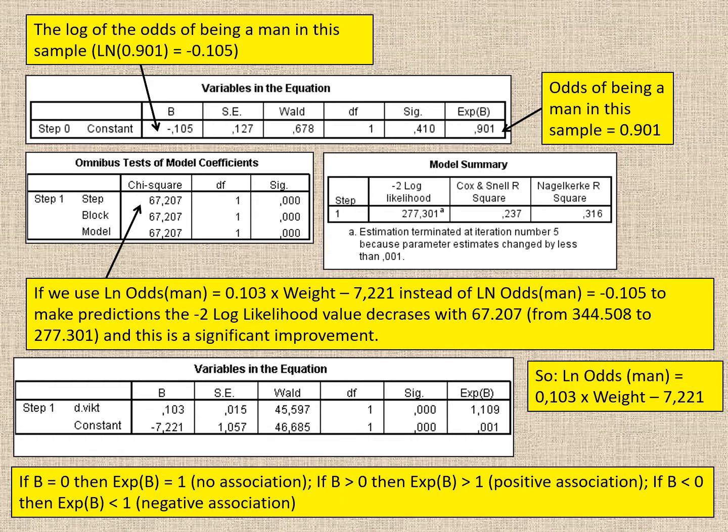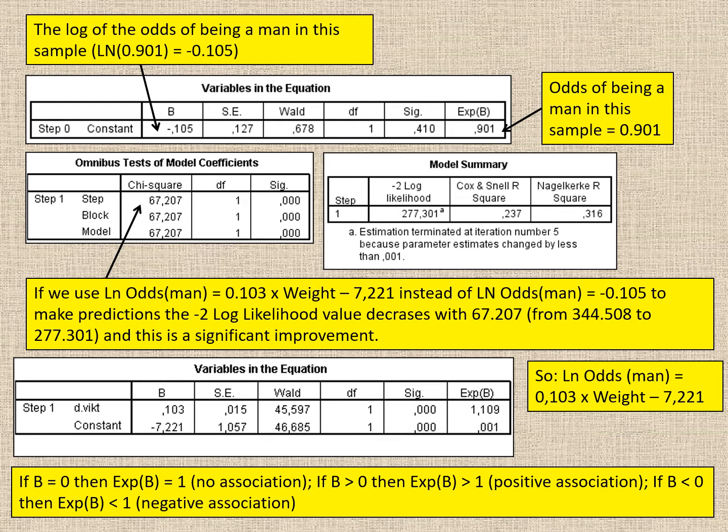In this case, it says that the minus 2 log likelihood value of our model with weight as predictor is 277.3. This table says that the minus 2 log likelihood value has decreased by 67.2 from the null model.